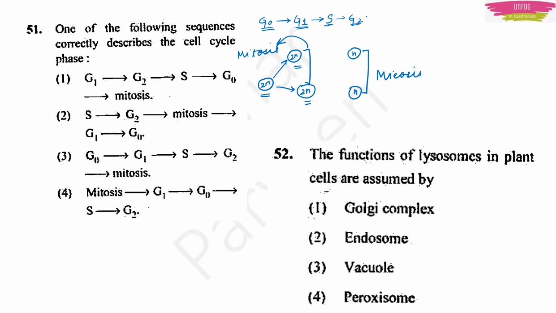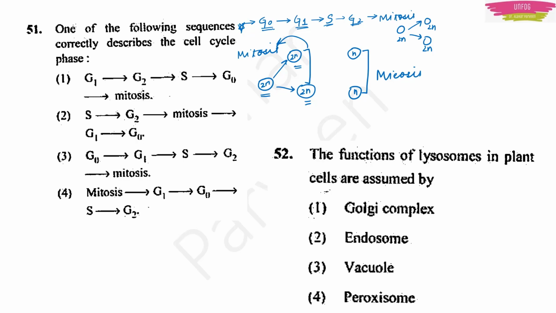So these corrections occur in the G2 phase. Then after G2 phase, we have the mitosis process. And after this mitosis process, there is one parent cell. That parent cell which is diploid will give rise to diploid daughter cells. So this is the correct sequence of the cell cycle of mitosis.